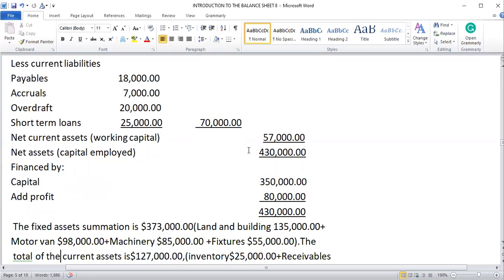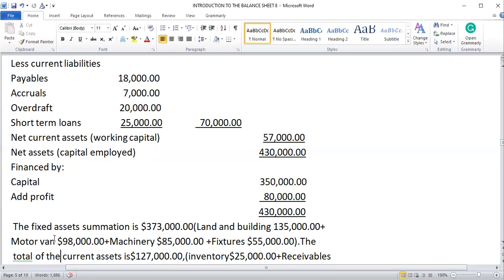So this is the capital employed, $430,000. It's equal to the owner's contribution, which is capital of $350,000 plus net profit $80,000, $430,000. So you see, it balances. That means our books are okay. So that's it.